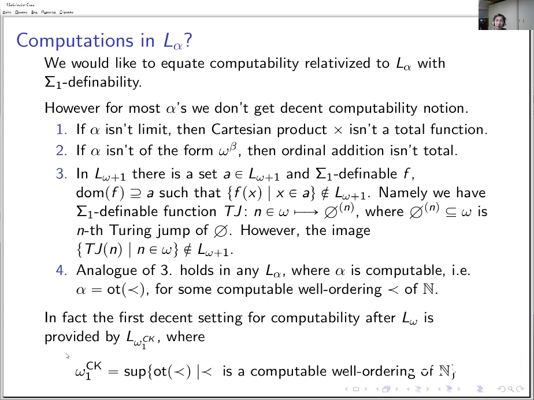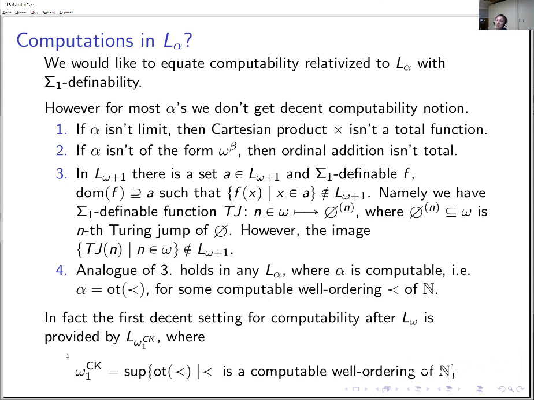First of all, if your ordinal is not a limit ordinal, it's a complete mess. For example, given two sets, it's not always the case that the Cartesian product of the sets will be in L alpha.